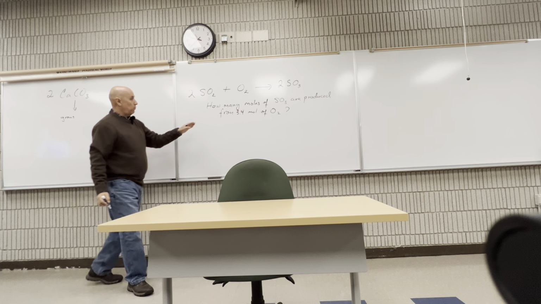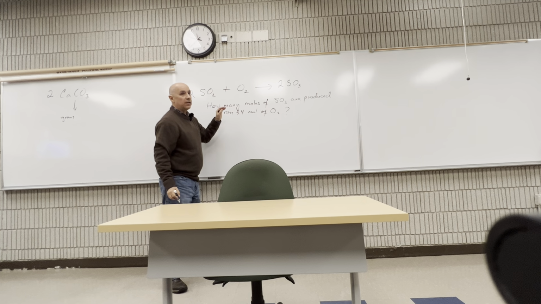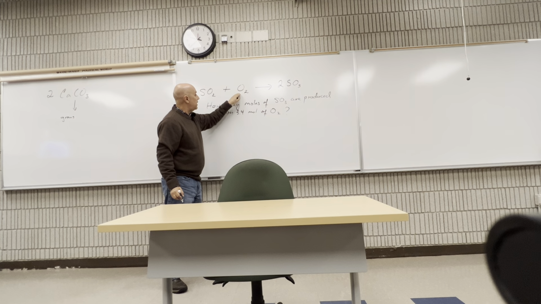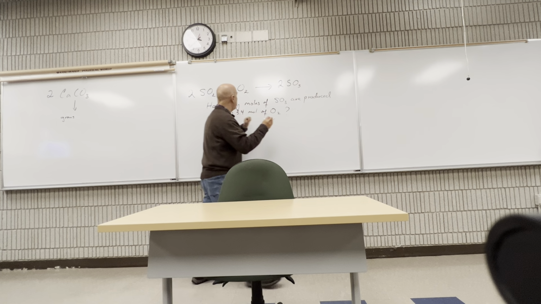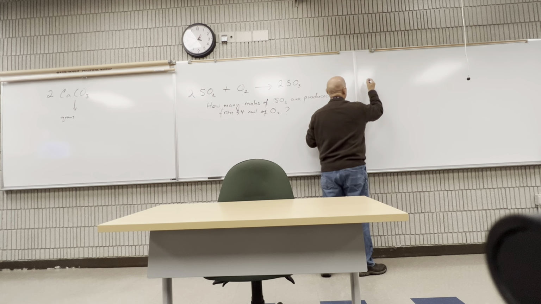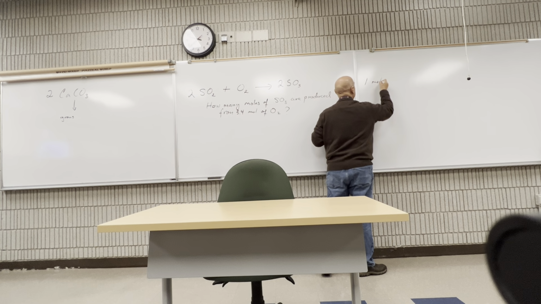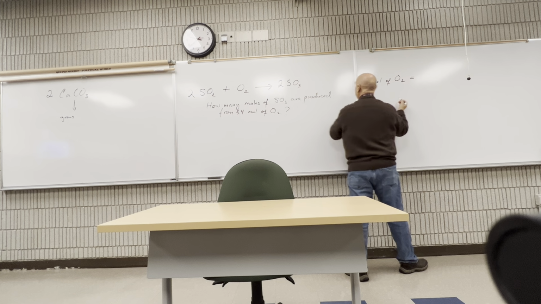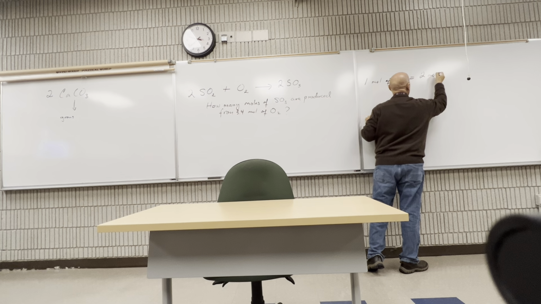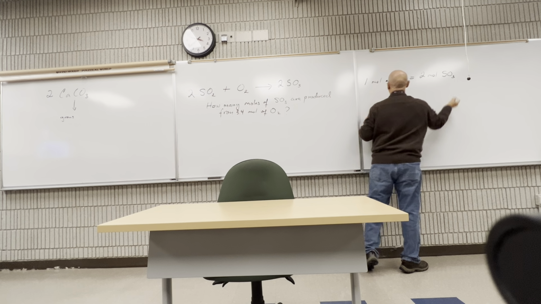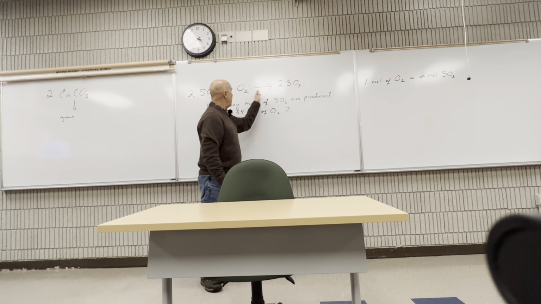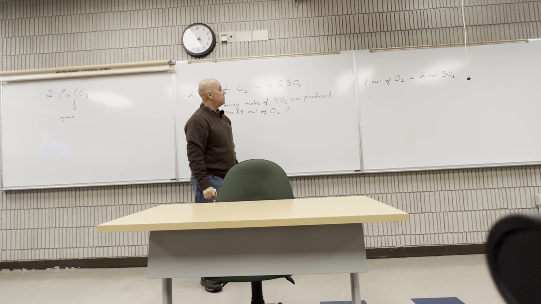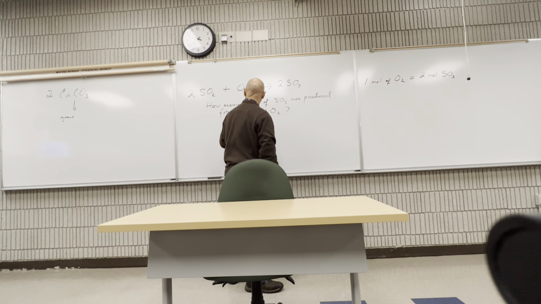Well, once again, in this example, it may look actually easy, but remember that these are conversion factors. So you can say, okay, according to the stoichiometry of the reaction, 1 mole of O2 equals 2 moles of SO3. That's coming from that balanced stoichiometric equation. And from there, you can get 2 conversion factors and choose the one that you need to do that.